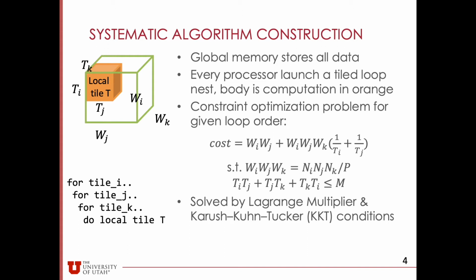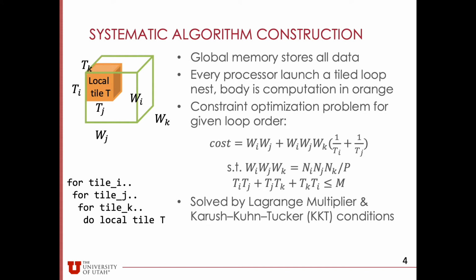Every time the processor moves to the next loop iteration, it will request the necessary communications from the global memory. Therefore, for a fixed loop order, we can derive the communication volume from the global memory to the single processor.